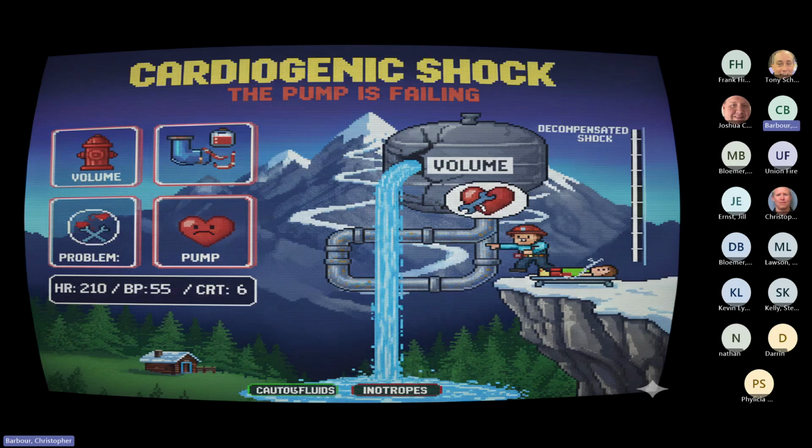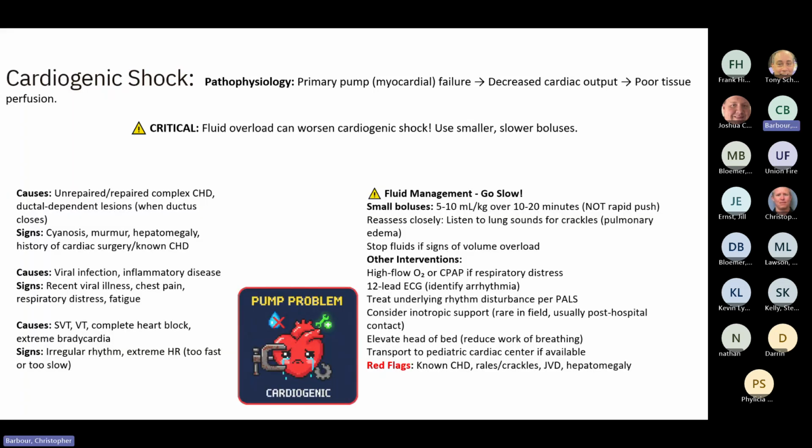Cardiogenic. So now we have a pump problem. See this a lot at Children's with kids who have some sort of cardiac defect going on. And that tends to be what people think about when you think of cardiogenic shock. You can have cardiogenic shock due to your heart rate being a problem.